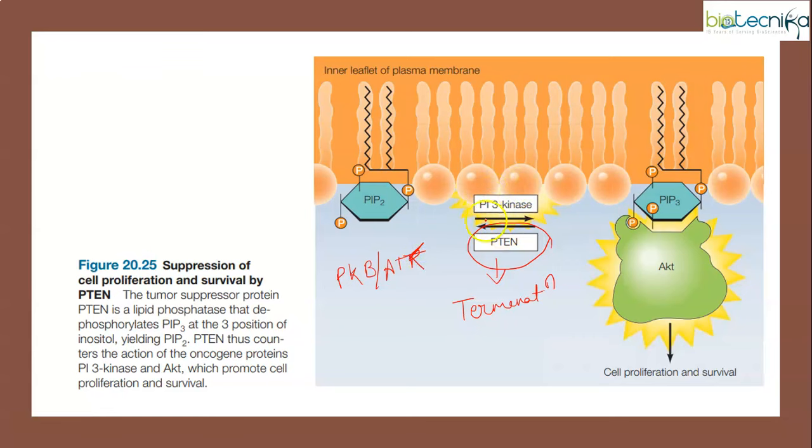So, PI3 kinase is responsible for transferring the phosphate to PIP2 so that we will get a triphosphate here, phosphatidyl inositol triphosphate, which in turn activates the protein kinase B, resulting in cell proliferation and survival. So, after a period of time, PTEN comes and it breaks this PIP3 back to PIP2. So, what happens? Termination happens. But if this PTEN gene is mutated, in that case, it will not control cell proliferation and cell survival.